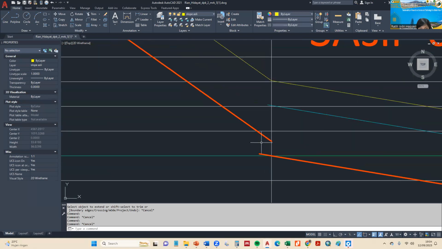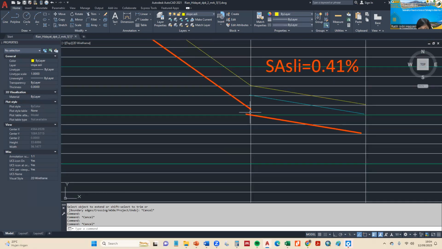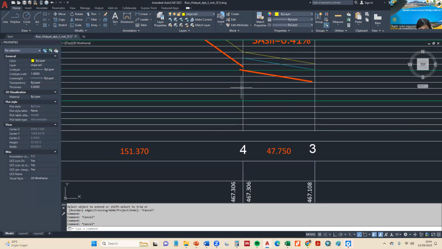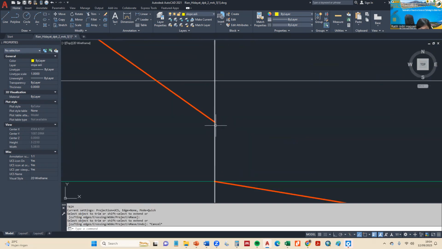When we have the position here, how much is the elevation here? Do you think how much is elevation here?